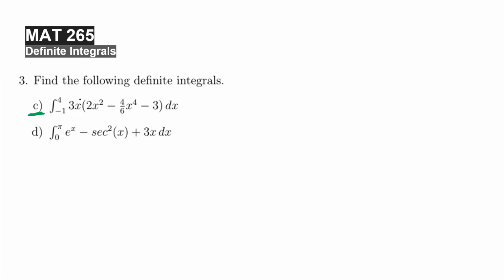Yeah, we can distribute this first and make it into a polynomial. So we have 6x cubed minus 12x fifth minus 9x dx.